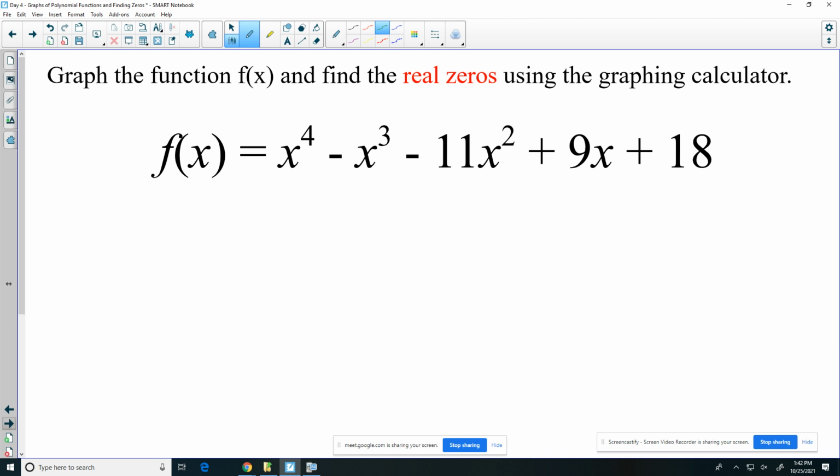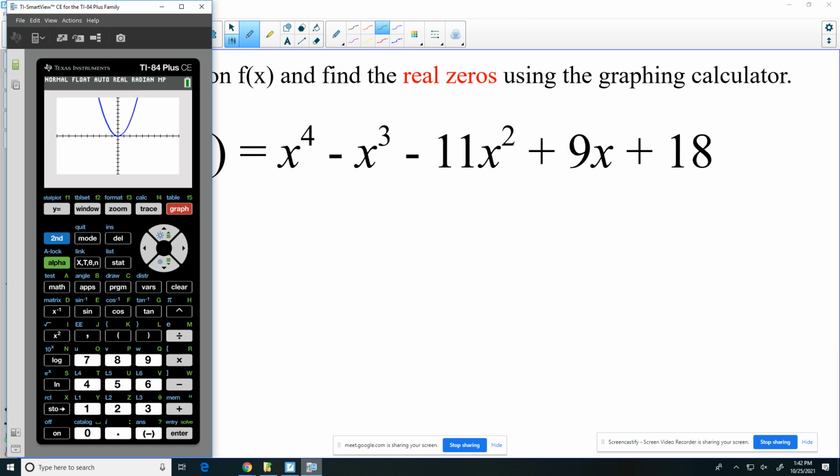And we're going to find the zeros using the graphing calculator. So here we go. Graphing calculator's out. Let's go to our y equals. Clear out whatever's in there and type in your equation, please. You should be following along and doing this on your calculator. So I've got x to the fourth.